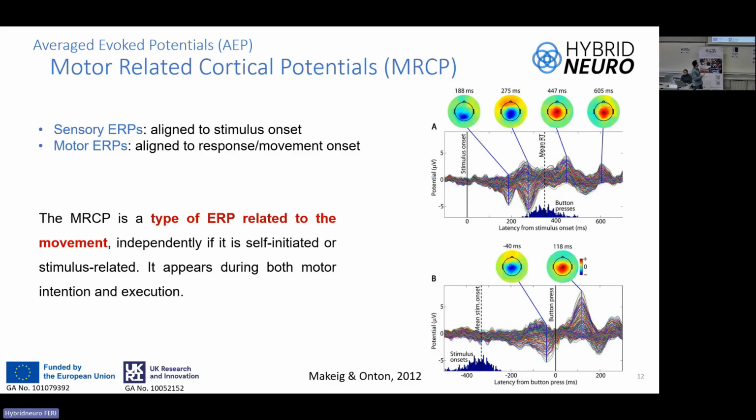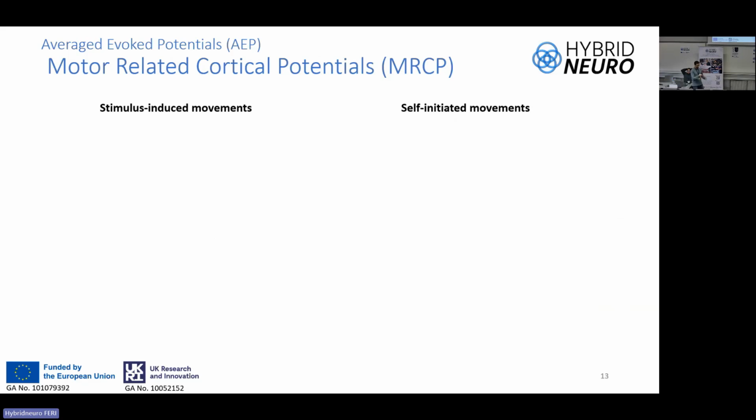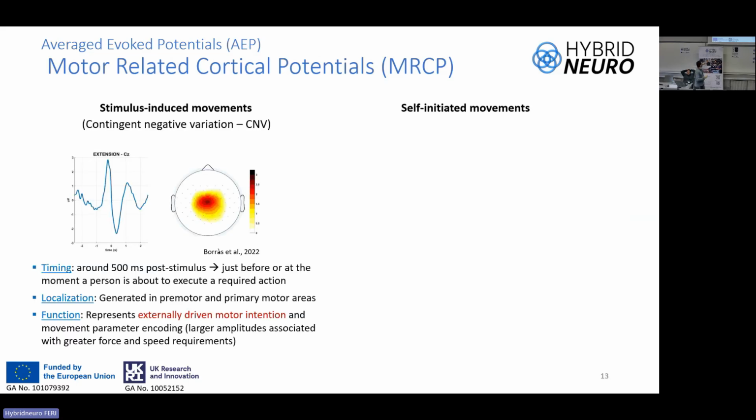Motor-related cortical potentials are a type of ERPs related to movements, and there are two categories: self-initiated or stimulus-related motor movements. In the stimulus-induced movements, evidently, there is a stimulus that marks when you are to move a piece or perform some movement.